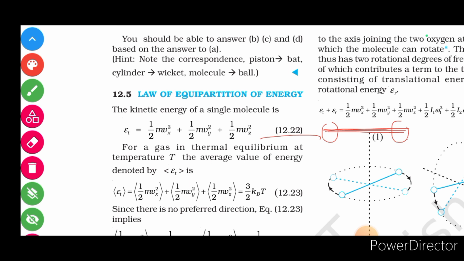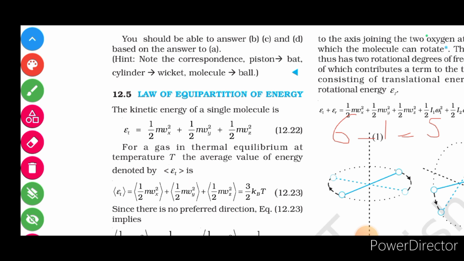So in order to define the position, I will need 3 coordinates for this particle and 3 for this, but I have to subtract 1 because they are connected, there is a relation between them, they are constant. So how many coordinates are required here? It is 6 minus 1, 5 coordinates. So the degree of freedom for a diatomic molecule is 5.